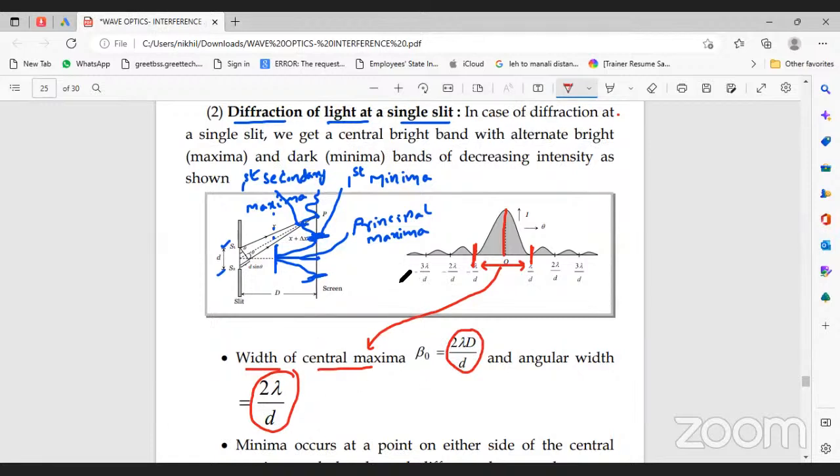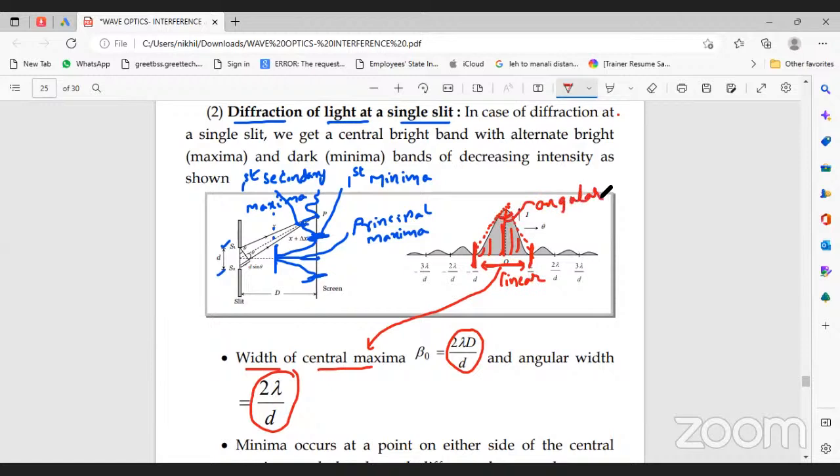See here, when I am talking about the principal maxima or central maxima, this is the portion of principal maxima, right? Yes, sir. Then this is the angular separation, this is the linear separation.